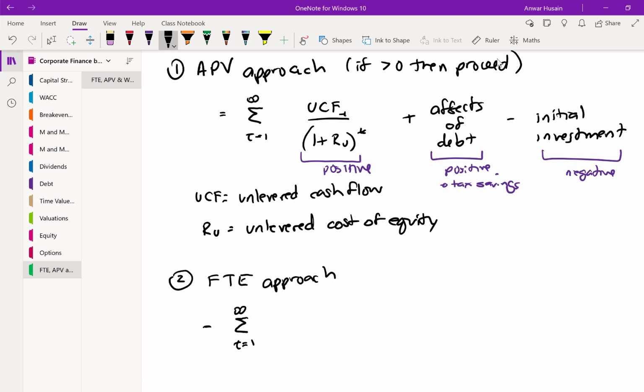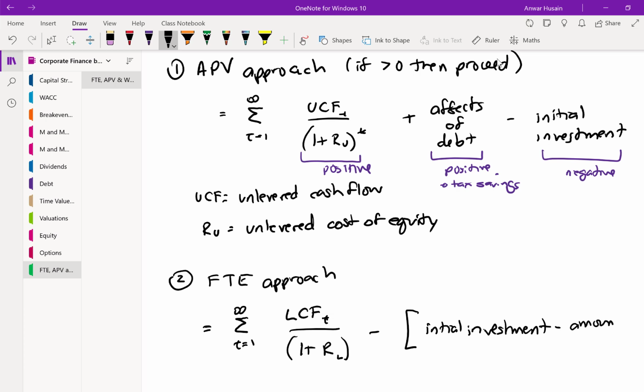So we'll have the same time horizon, the life of the project, except now we're going to use the levered cash flow at time t, divided by (1 + R_L), which is the levered cost of equity, minus initial investment, minus the amount of debt, the amount borrowed.